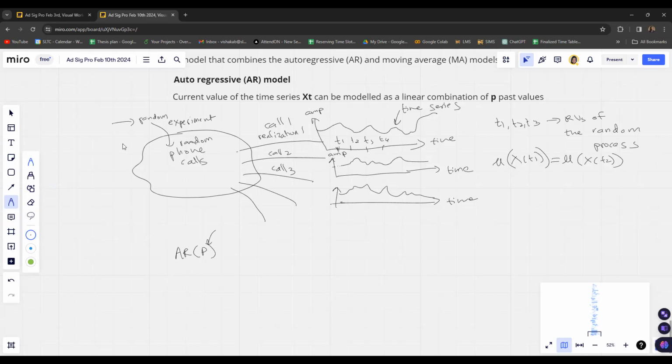Why do we say order p? If we consider p number of past values, we say that the AR process is of order p. So the number of past values we consider, we name as p.